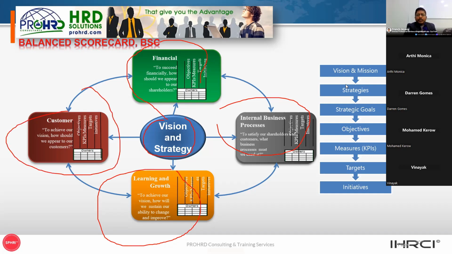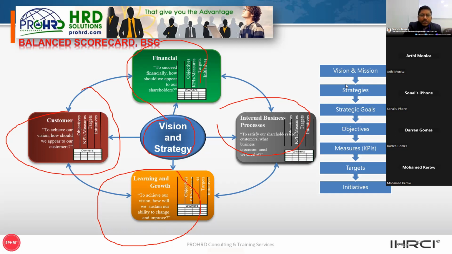You take that vision and mission, you figure out what mission we're talking about, and then strategy, the set of strategic objectives. From the vision and mission, you derive the objectives that drive the behavior and the performance.